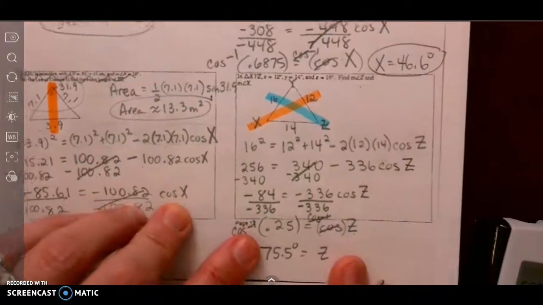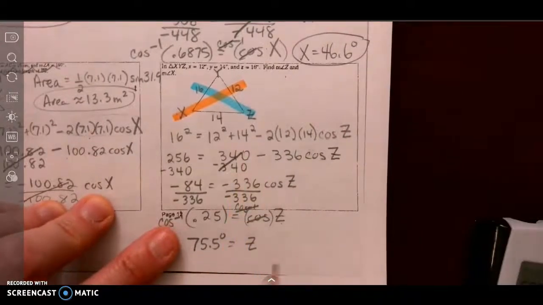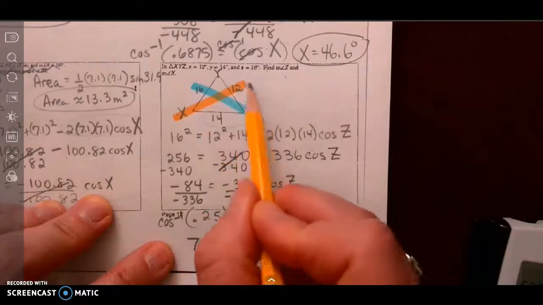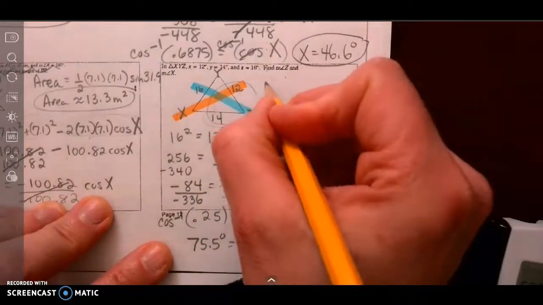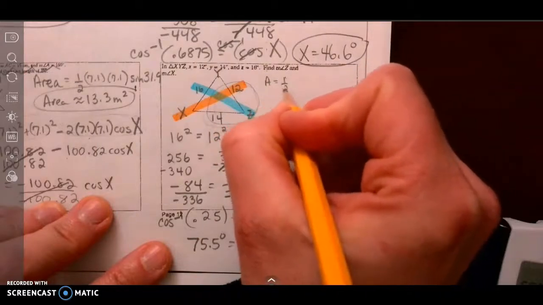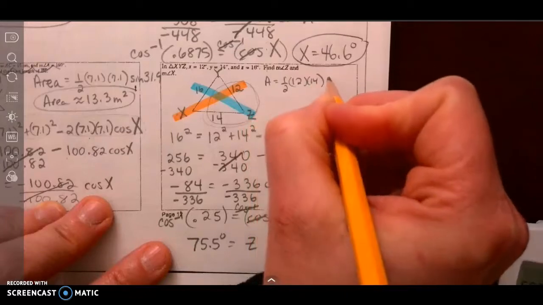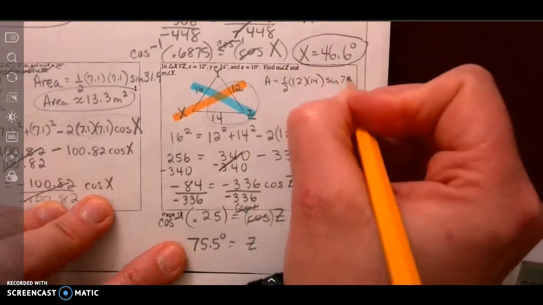If we came over here to this triangle, okay, we know angle Z is 75.5, and we know these two sides. So here are the two sides and the included angle. Area equals 1/2 times 12 times 14 times the sine of 75.5.